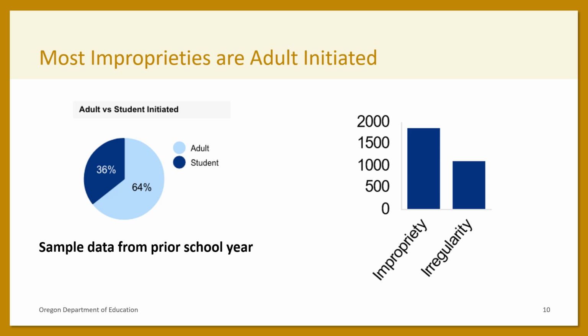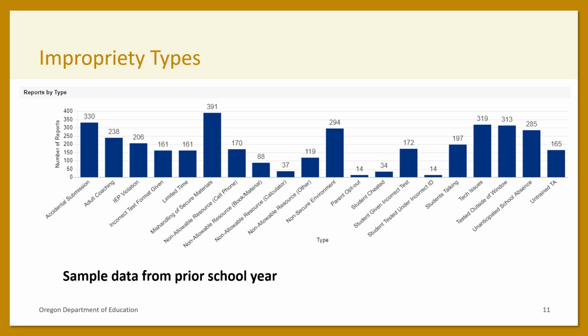ODE receives about 1,500 testing impropriety reports each year, which often include multiple improprieties. The number of tests impacted by impropriety reports fluctuate from year to year. ODE tracks the type of impropriety reported in an effort to understand the critical areas of concern that can be emphasized during training.